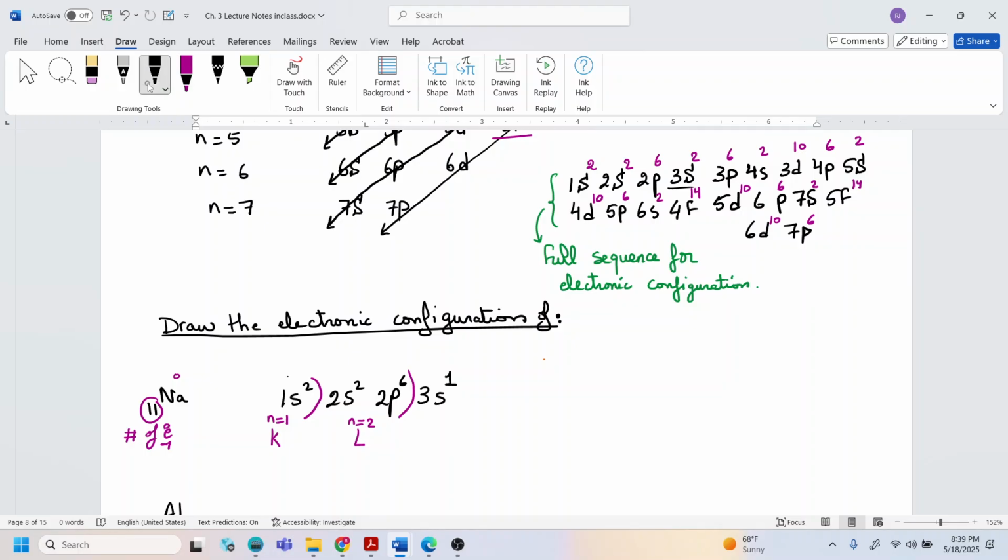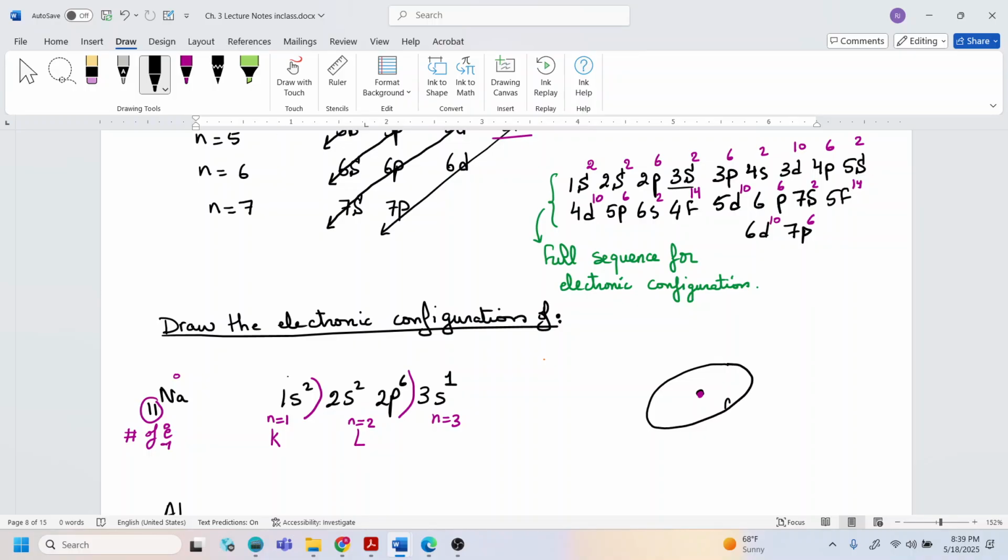So think about it like this. You do have your nucleus in there, and around the nucleus for the sodium, what do we have? We have n equal to 1, n equal to 2, and n equal to 3. Now the n equal to 3 has one electron in it. So this is going to be the nucleus. And then we're going to have the first shell, which is n equal to 1. I'm just going to draw it as an elliptical one.